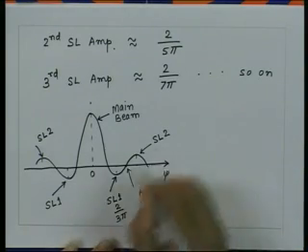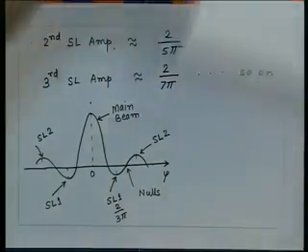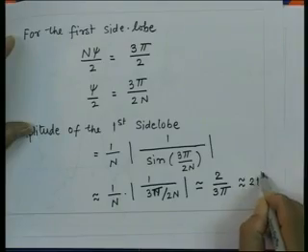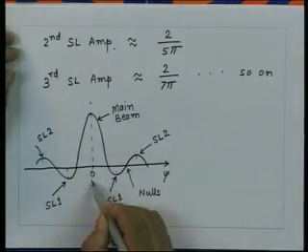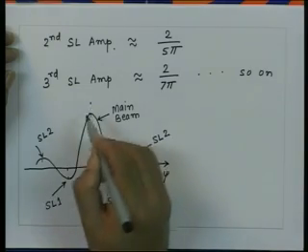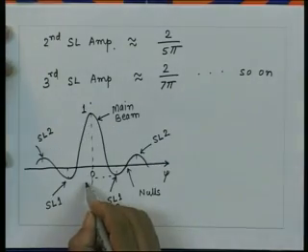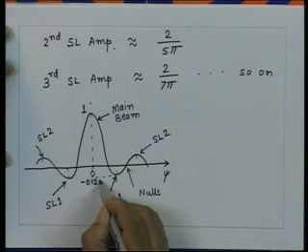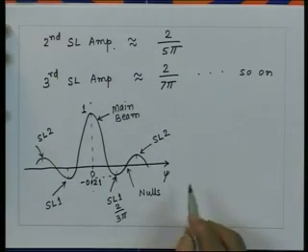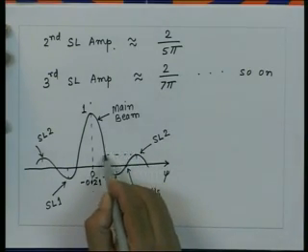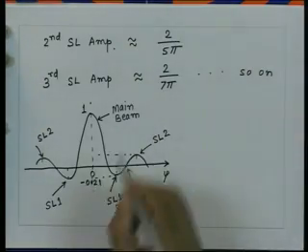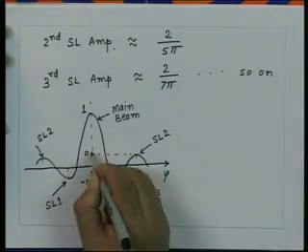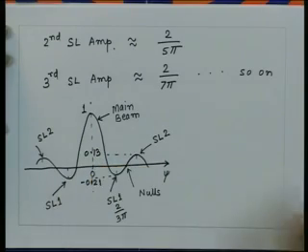So, the first side lobe is approximately 21% of the main beam amplitude. If I say this is normalized, so this is 1, this will be minus 0.21. The amplitude which corresponds to the second side lobe, which is 2 upon 5 pi, will be about 13% of the maximum. So, this value will be 0.13 and so on.